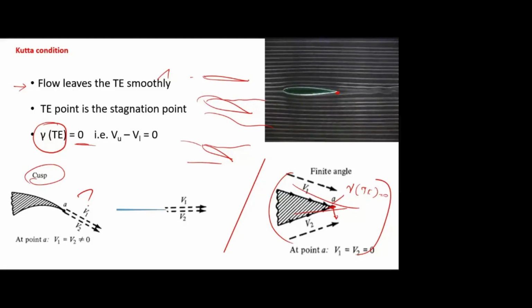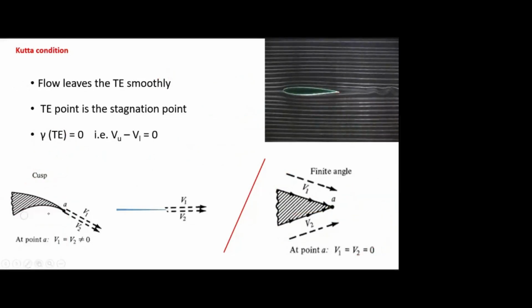Cusped trailing edge. That means the waning moon or waxing moon you see, right? That sharp edge is called a cusp. The same type of sharp edge we can see if you take thin objects. If you take a thin flat plate, then this edge looks like a cusp.